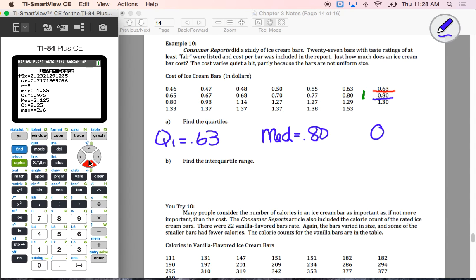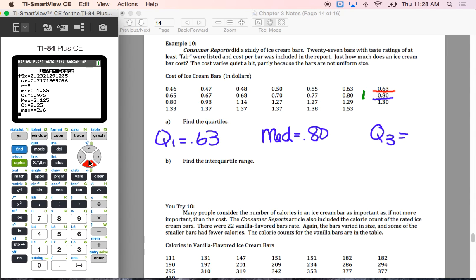Now if I want Q3, I have to do the same thing, but I can't include my median number of 0.80. So you have to count in from the third 0.80 up to 1.53. You want the middle number out of those. There are 13 of those numbers, so you count 6 from the left, 6 from the right.